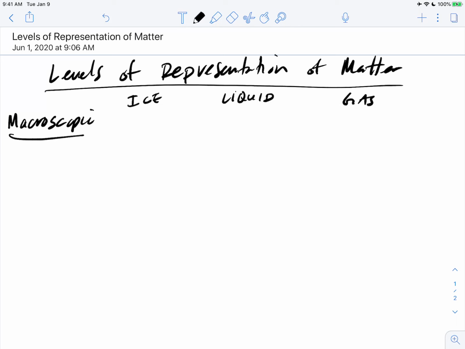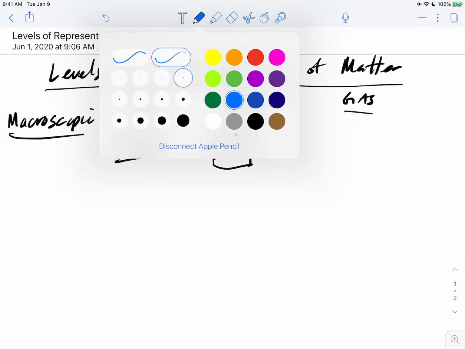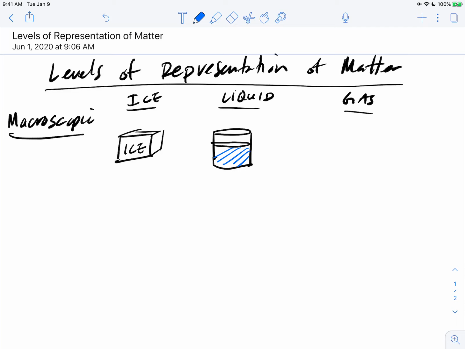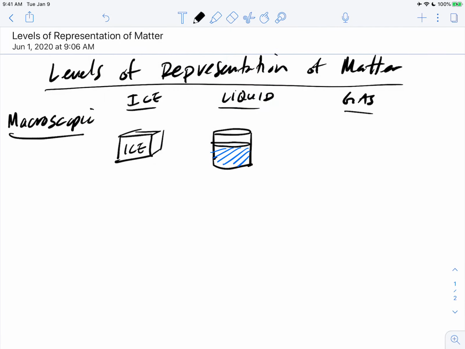The macroscopic representation would just be how we would think about it every day. So this is a cube of ice. Liquid, we could think of in a container, like a beaker. Or a gas, we could think of in a balloon.